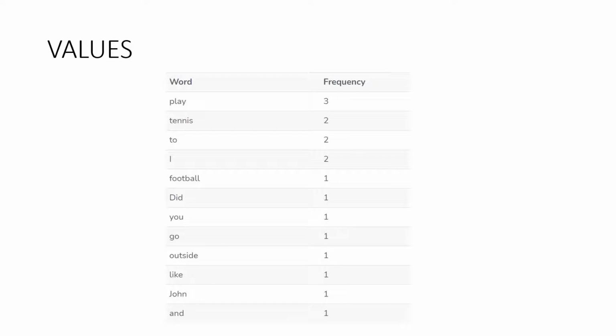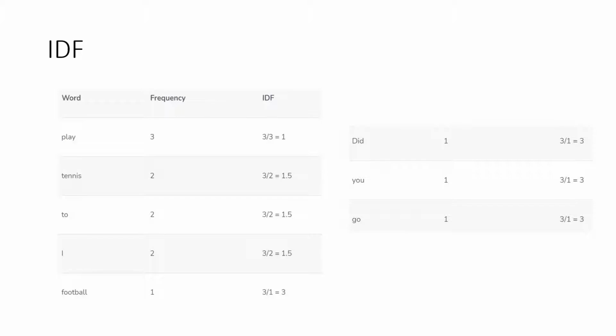As I said earlier, since IDF values are calculated using the whole corpus, we can calculate the IDF values for each word now. The next table contains IDF values for each word. This is the IDF values. You can see it here. You can clearly see that the words that are rare have higher IDF values compared to the words that are more common.